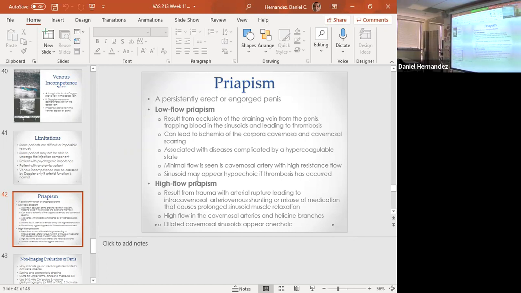This is actually a medical emergency that they should be seeking treatment for. In this case, we have high flow in the cavernosal arteries and the helical branches, and there's dilated cavernosal sinusoids that appear anechoic.